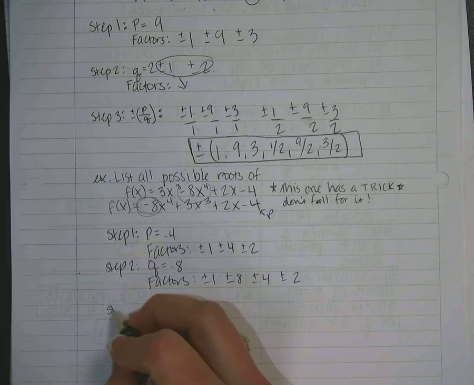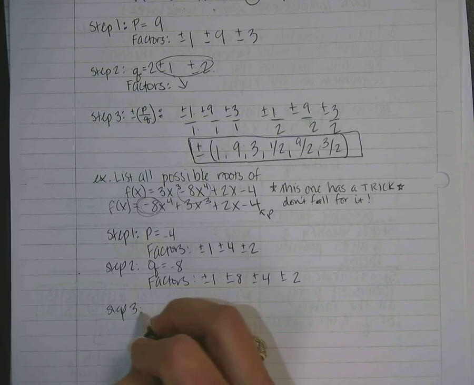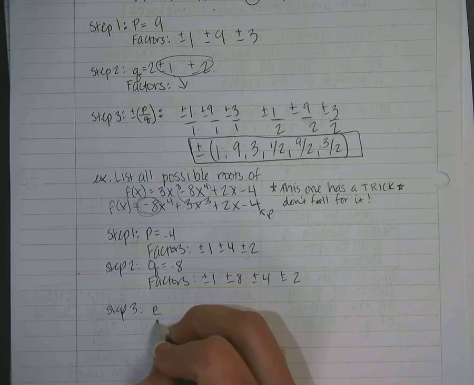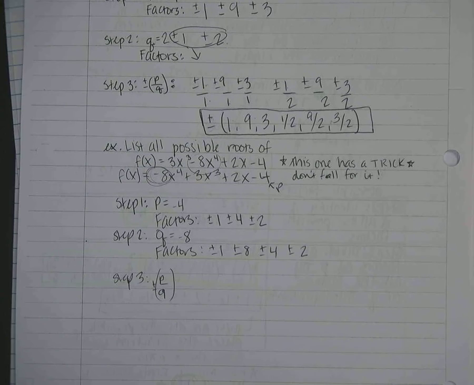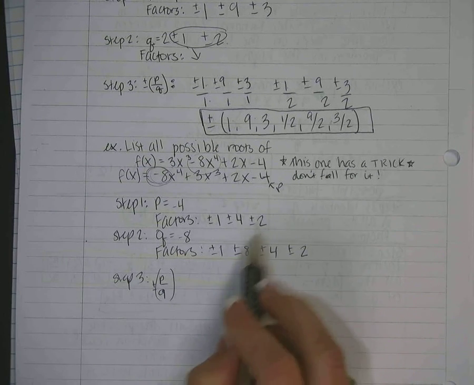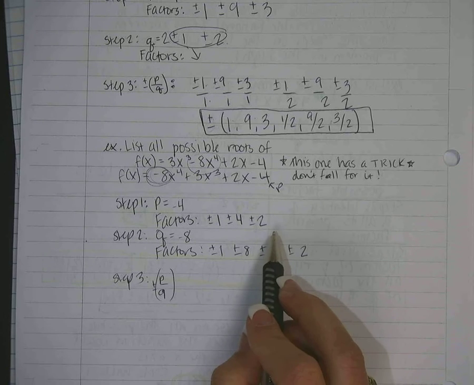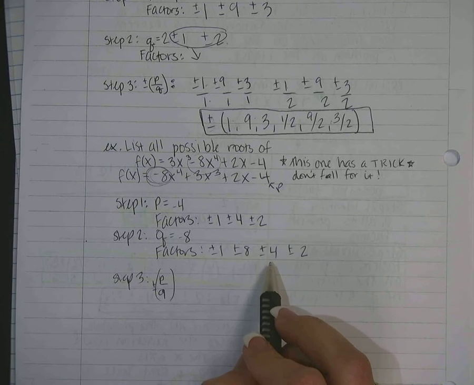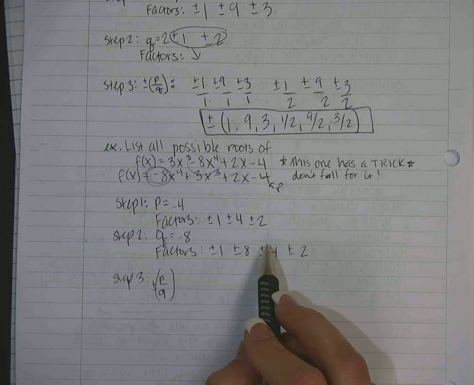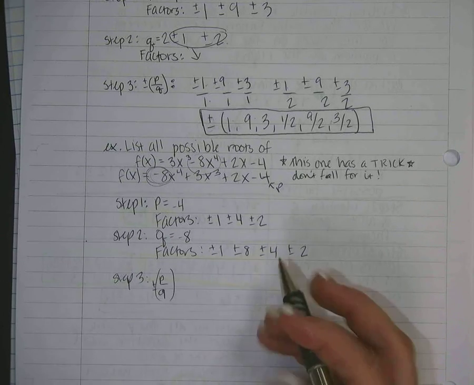So this is my p divided by q step. I think the easiest way to do that is to list all my p's and divide by my first q, then list all my p's again, divide by my second q, list all the p's again, divide by the third q, list all the p's one more time, divide them all by the fourth q.